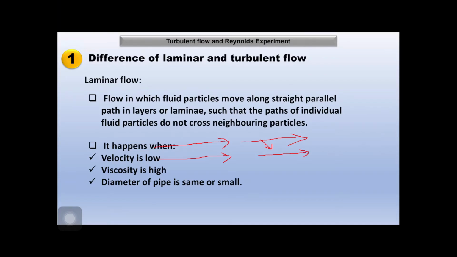So velocity is low and viscosity is high, then only the flow will be laminar, provided the diameter or cross section of the pipe is similar all over the section, or it is small as compared to another.